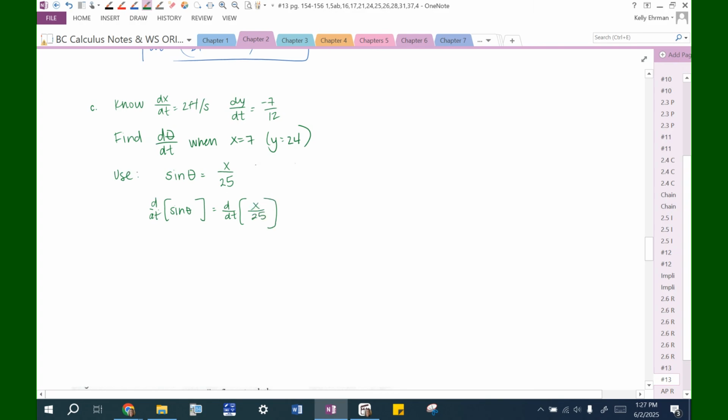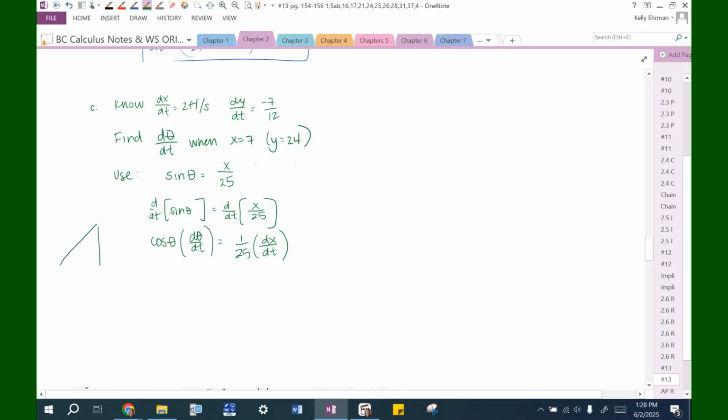All right, so the derivative of sine is cosine theta d theta dt. And the derivative of x over 25 is just 1 over 25. And then this would be dx dt. Now, you might not have a calculator for a problem like this, and whether you have one or not, you do not need to find theta to then find cosine theta.